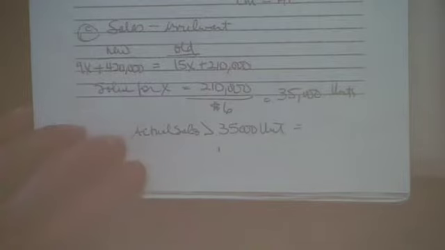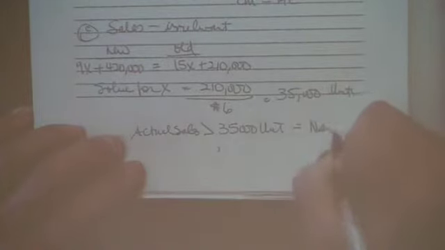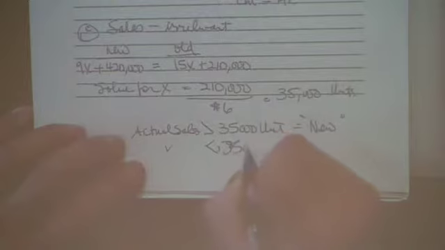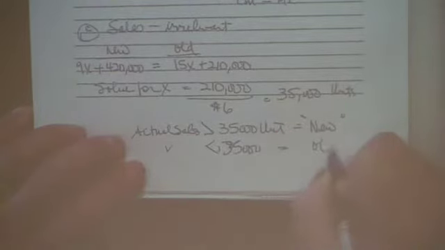Once you reach that threshold, the point of indifference, what you're going to go after is the contribution margin, the one that gives you the highest contribution margin. Sales are going to be the same, so really what you're after is the lowest variable cost. So in this case, we would like the new. If actual sales is less than 35,000 units, then we want the old machine, depending on expectation.